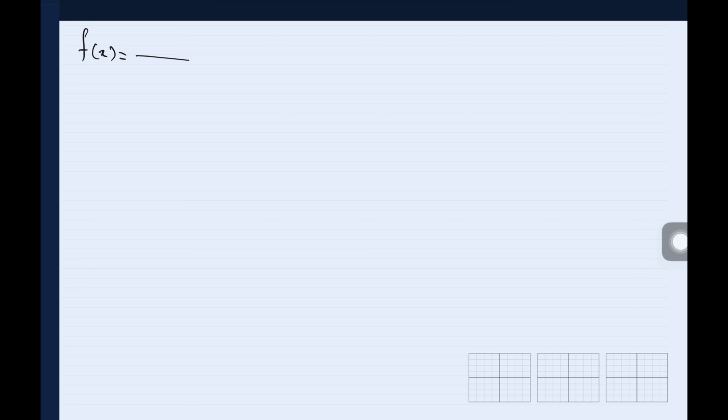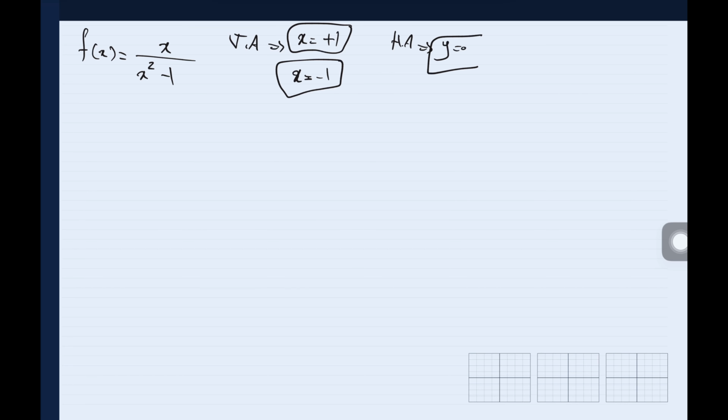So f(x) is going to be x over x squared minus 1. Okay, so we said there are vertical asymptotes, which are x equals positive 1 and x equals negative 1. And also there is a horizontal asymptote, which is the x-axis. So that is the x-axis.